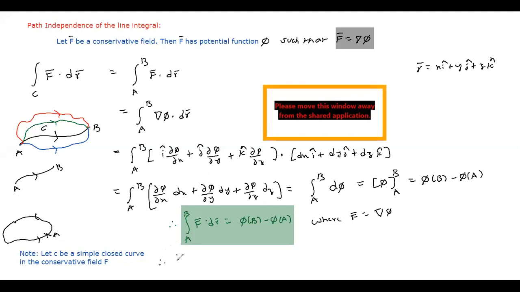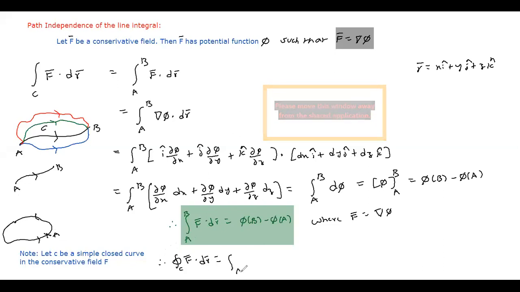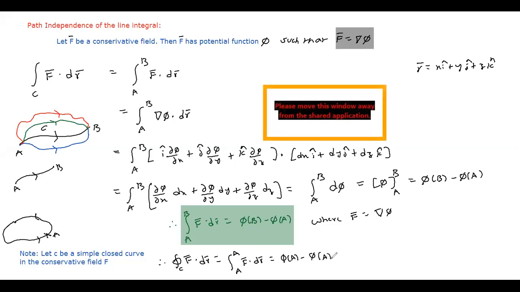Therefore, what will be this integral over C? I did not put a circle here. It is a general notation. In case of a simple closed curve, the integral over C of F bar dot dr bar will be equal to the integral from A to A of F bar dot dr bar. There is some path joining A and A. So this is going to be phi of A minus phi of A. So what is the answer? 0.